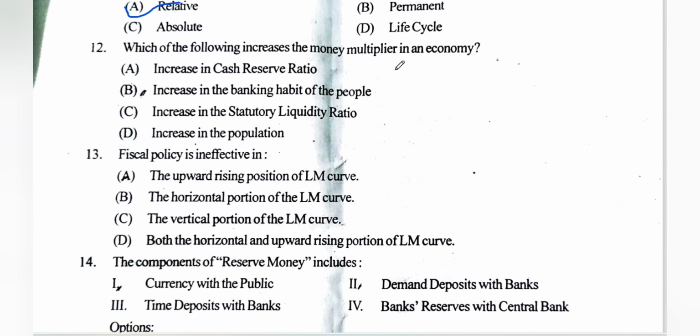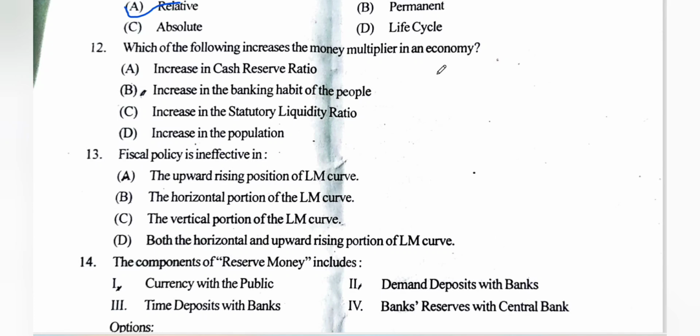As you know, the money multiplier formula is 1 by cash reserve ratio. If we increase the cash reserve ratio, the value of the money multiplier will decrease. So option A is not correct. In option C, the increase in statutory liquidity ratio will also not increase the money multiplier.